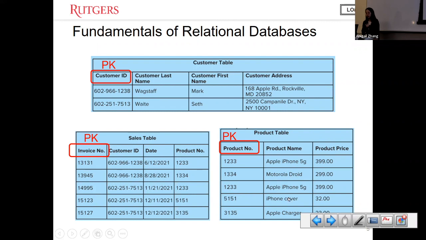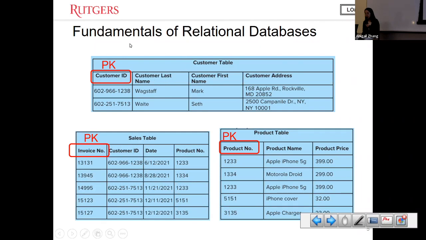Now, let's look at how these tables are linked, right? So then we have to identify foreign keys. The first question is, are there any foreign keys in the customer table? If that's the customer's name, we say that a foreign key acts as a bridge to other tables. Then what is the name linking to?